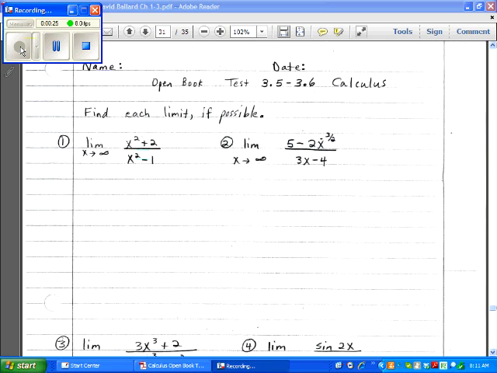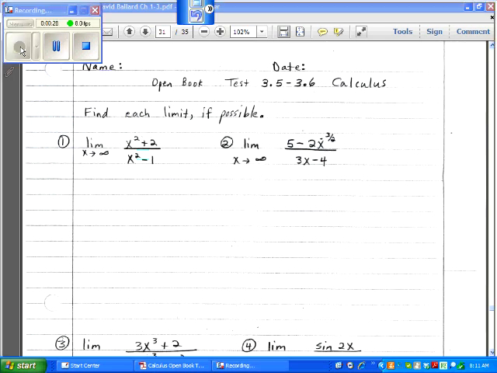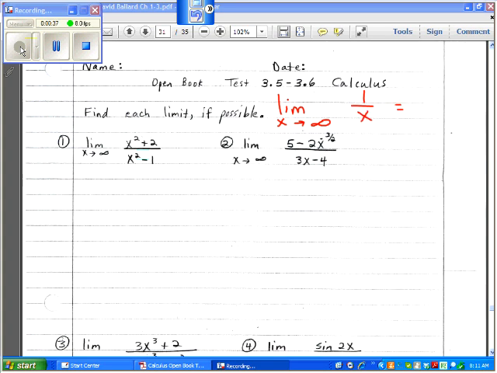Well, what we did is we remember this little rule that the limit as x approaches infinity of 1 over x is equal to 0. Now that's kind of where we need to start remembering. And the reason is because as x gets infinitely large, if you take, let's just say we had 8 divided by 1 is 8, 8 divided by 2 is 4, 8 divided by 8 is 1, 8 divided by 16 is a half.